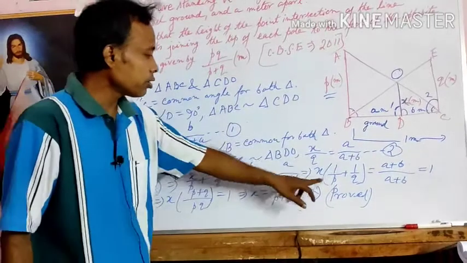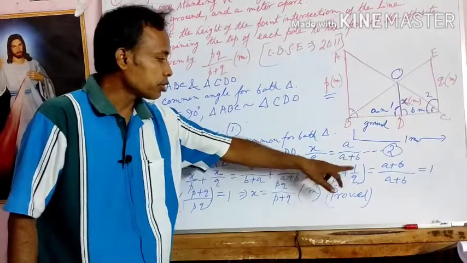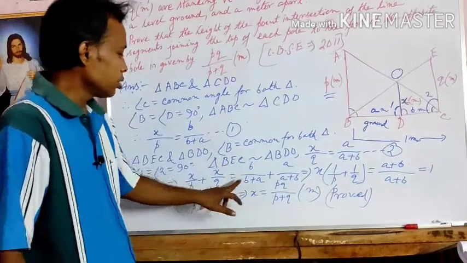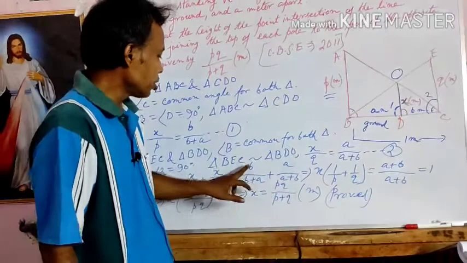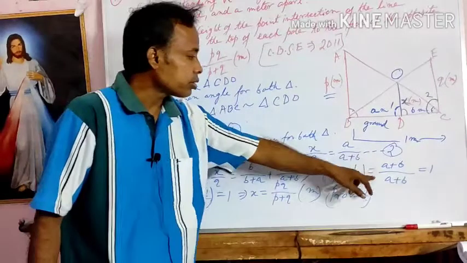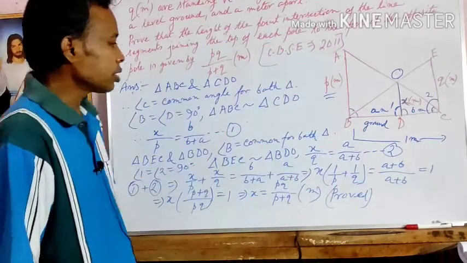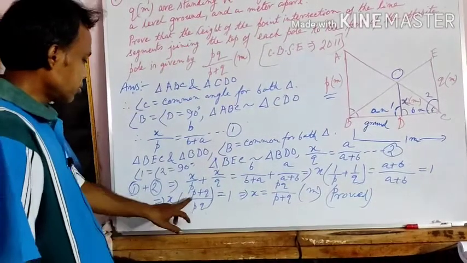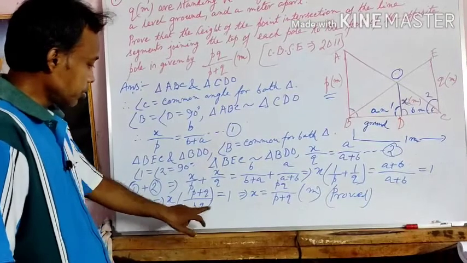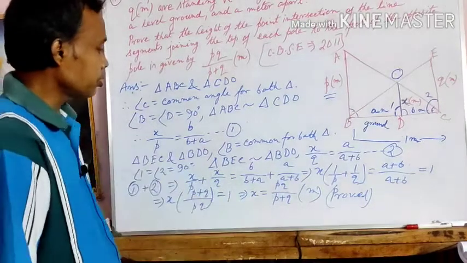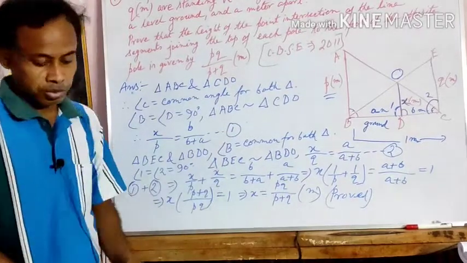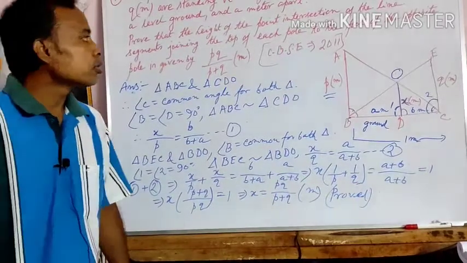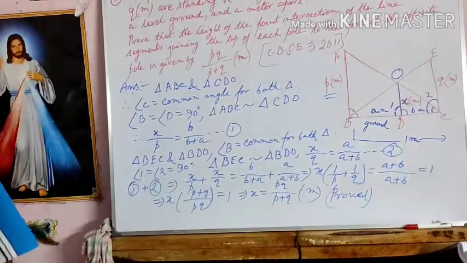X is common here, x into 1 by P plus 1 by Q is equal to b plus a by b plus a, which cancels out to 1. And x is equal to PQ by P plus Q meters. Very important question. This question has come from CBSE in the year 2011. Let us solve the next question.